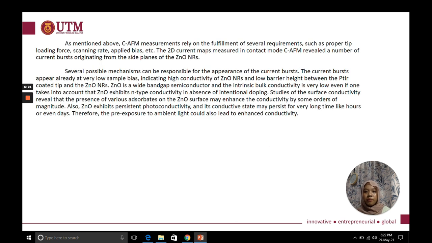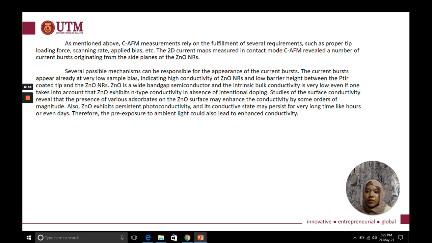Next, as mentioned above, CAFM measurements rely on the fulfillment of several requirements such as proper tip loading force, scanning rate, applied bias, and many more. The 2D current maps measured in contact mode CAFM revealed a number of current bursts originating from the side planes of the zinc oxide nanorods. Several possible mechanisms can be responsible for the appearance of the current bursts.